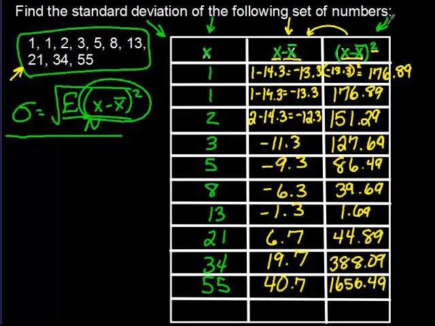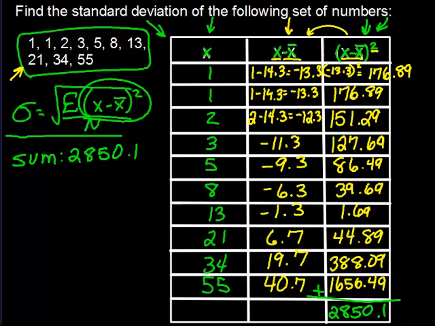This sigma symbol that looks like a capital E tells us that we want to add all of these numbers in this third column together. So we go through and add all these together. It gives us an answer of 2,850.1. So that's the sum. That gives us the entire top piece of this formula.